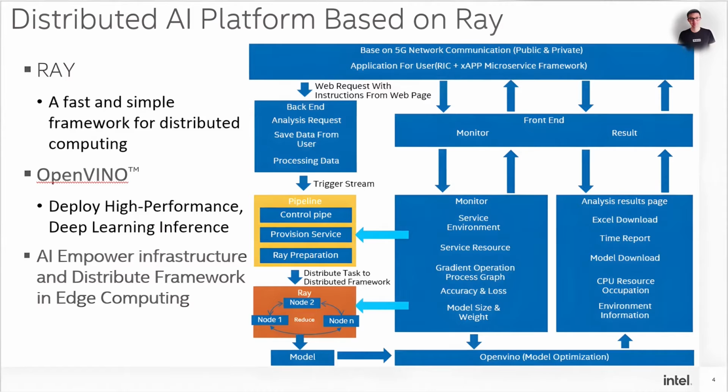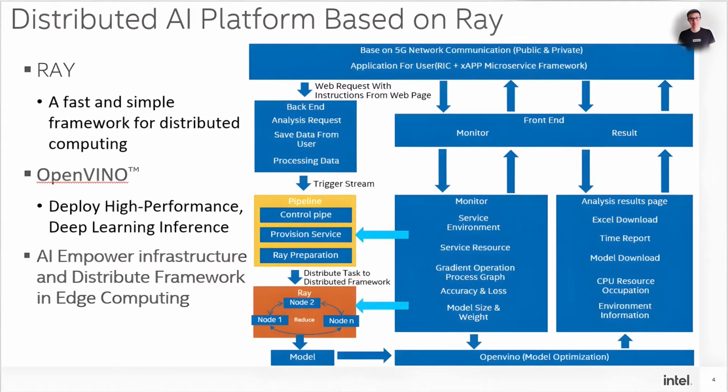The right diagram is a pipeline of the distributed AI platform built on Ray. The network communication is based on 5G RIC, and a microservice application platform is built on it to facilitate the interaction between the user and the backend, and the core devices for the distributed machine learning.